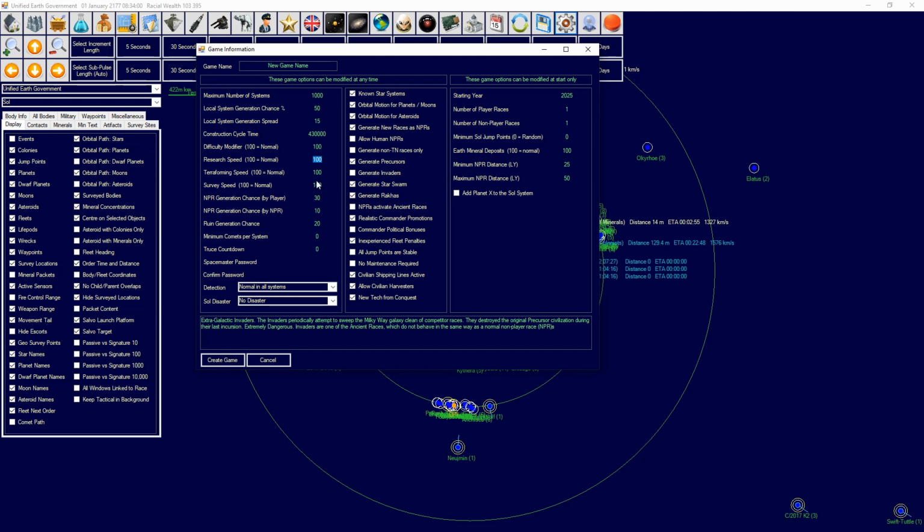Terraforming speed, how fast you can terraform planets in relation to Earth. Survey speed, how many points you need and how quickly you generate them. MPR generation chance.